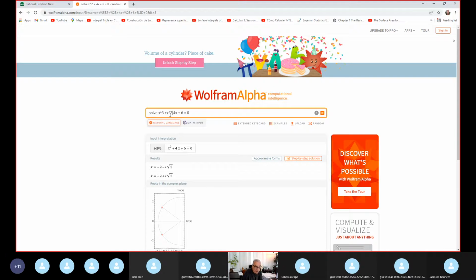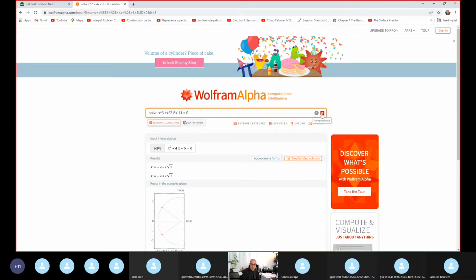The symbol looks like the roof of a house. Of course, I delete the rest. Checking to see if I am doing well: x cubed plus x squared minus ax minus 11. This was the polynomial.